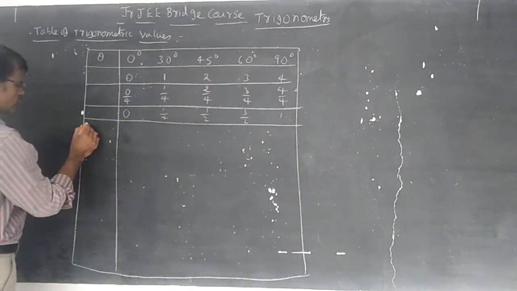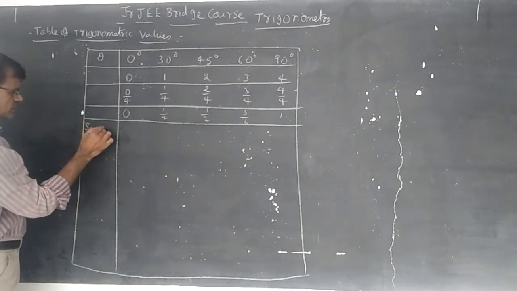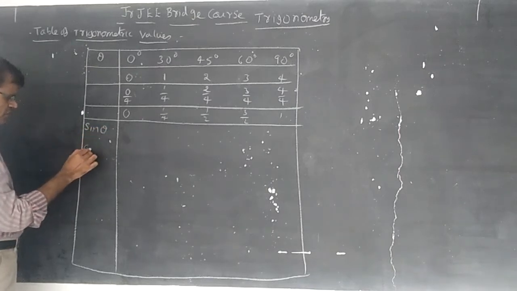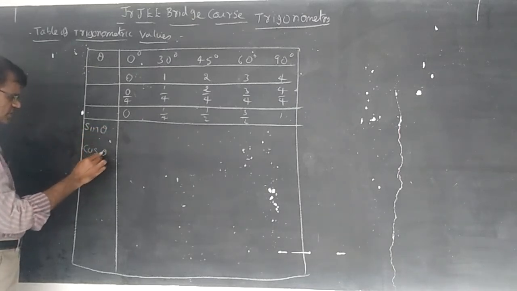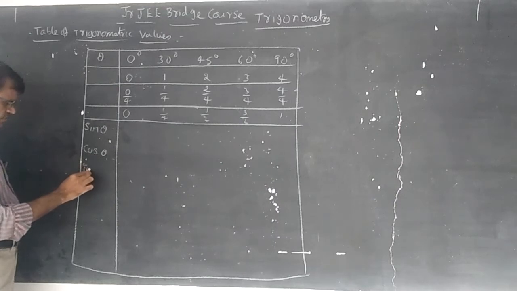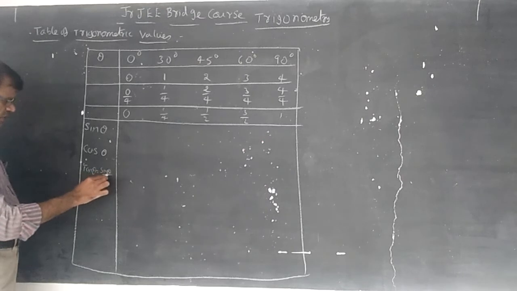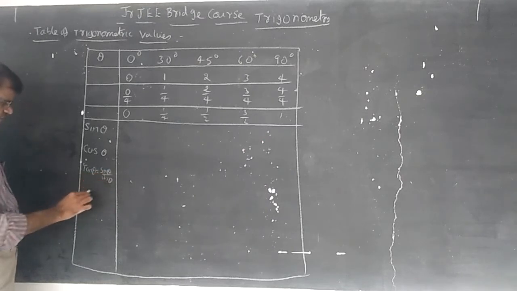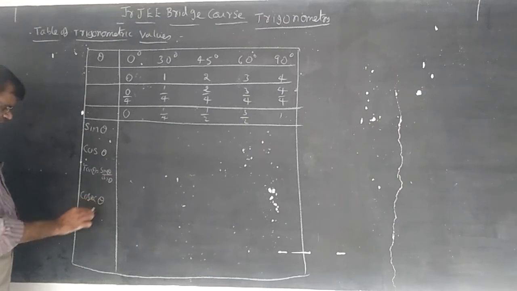Now we can write a total of 6 trigonometric functions. Sin theta, next cosine function cos theta, next tan theta, that is sin theta by cos theta. Already we have discussed the fundamental formulas. Plenty of times I said, follow the order like this only.